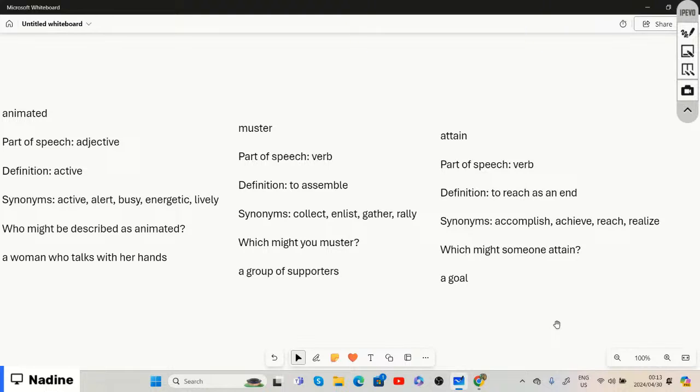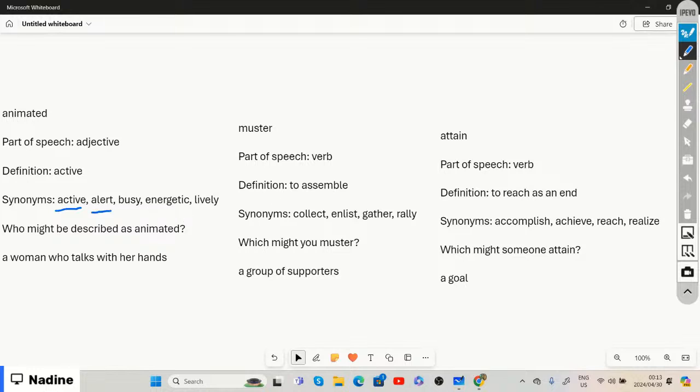Then we have the synonyms of the word animated. The synonyms of the word animated are, for example, active, alert, busy, energetic, and lively.